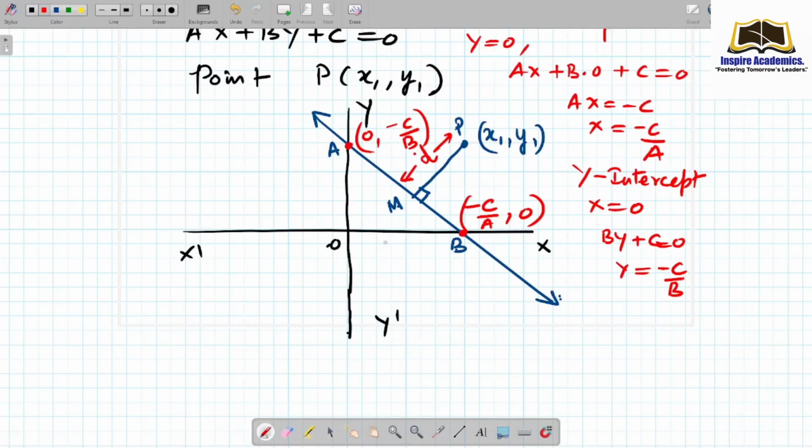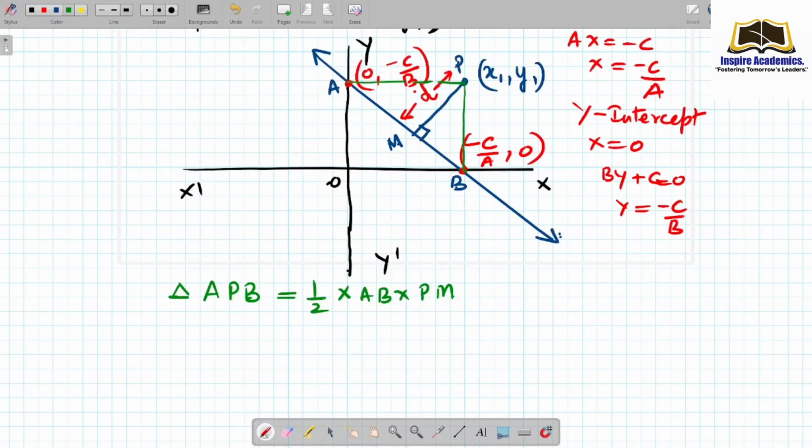We have to find the area of APB. What is the triangle? APB will be half times base, that is AB, into height, that is PM. Write here area of APB.